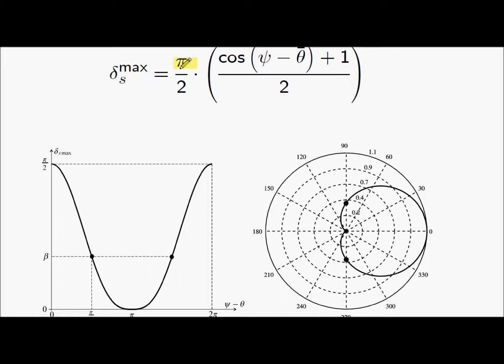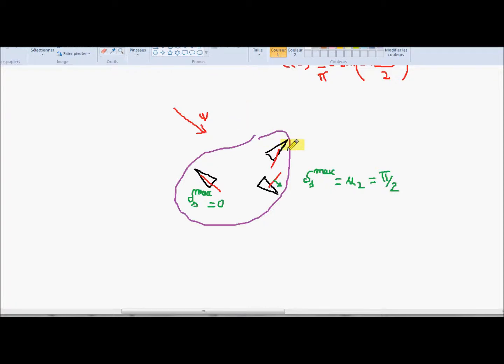This corresponds to 0 for psi minus theta bar, and my sail is totally open. This point here, or this one, corresponds to this situation, and the last situation, where the angle is equal to 0, corresponds to this point.